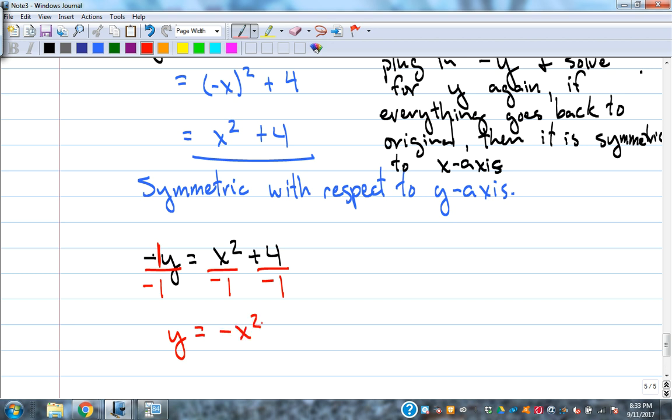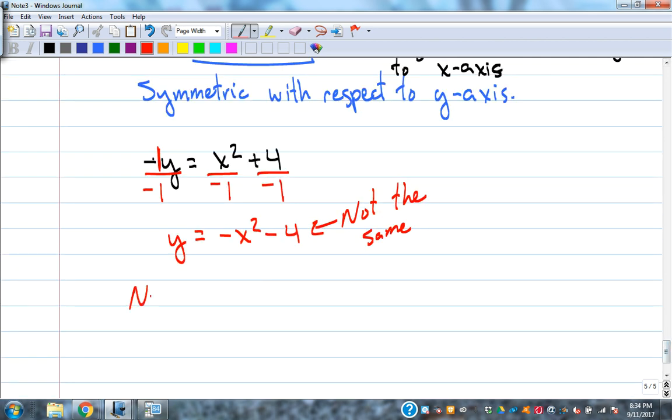That'd be negative x squared minus 4. Is that the same? No, it's not the same as the original. That's not symmetric about the x-axis.